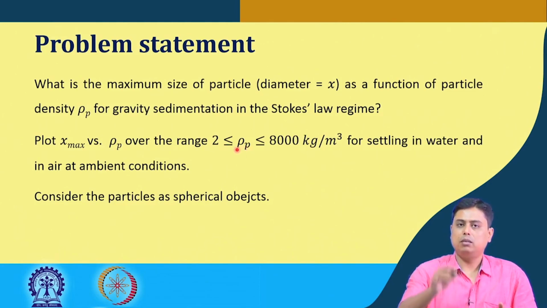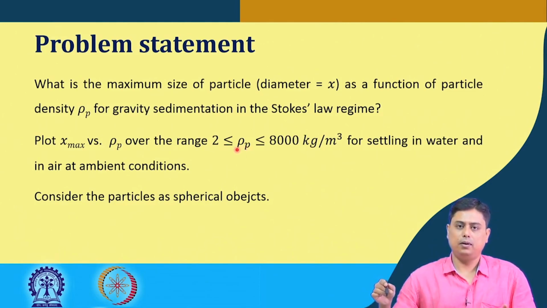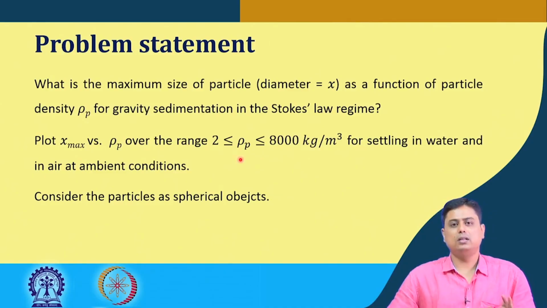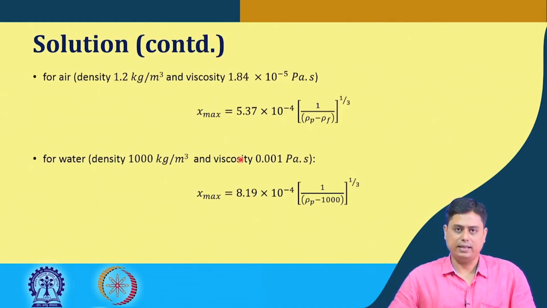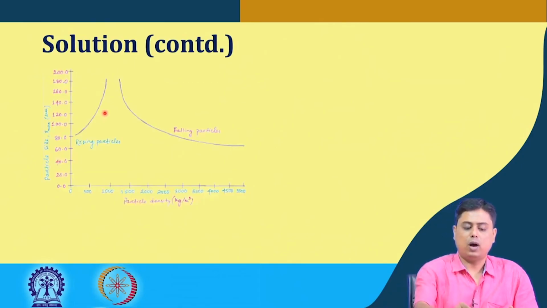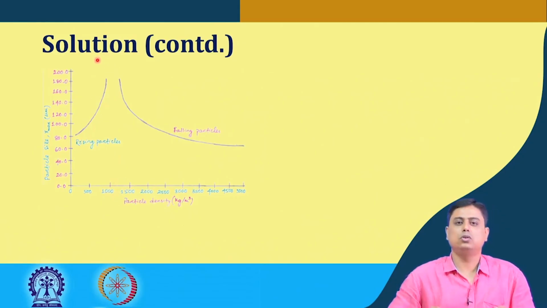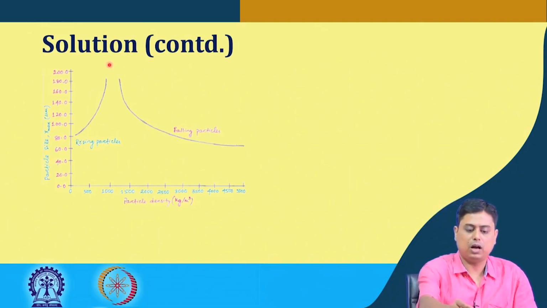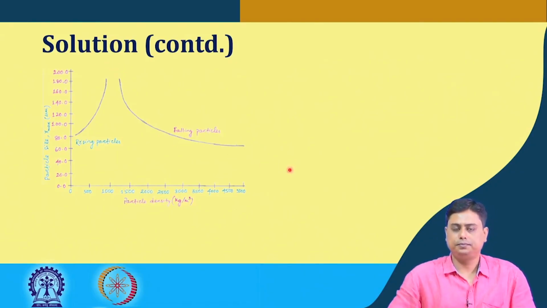So, in case of air, the particle will always settle, but in water, until the density reaches 1000, those particles will not settle, they will rise. So, you have two different profiles here. Until the particle density of 1000, you have such a rising particle curve, because the lower density particles will come up to the water surface. The heavier particles, starting from 1000, will try to settle down.